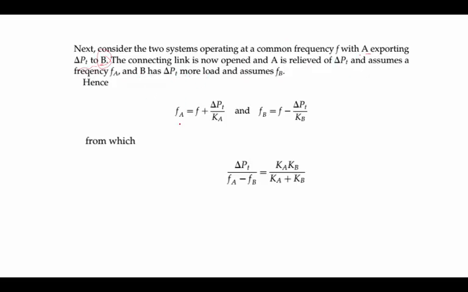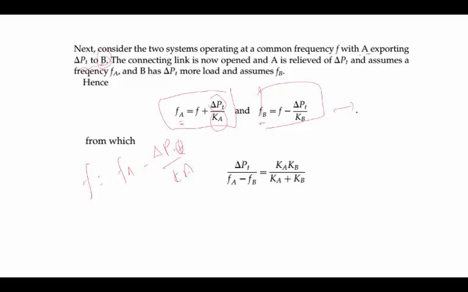This one is the frequency in A, this one is the frequency in B. Your FA equals F plus delta PT over KA, and FB equals F minus delta PT over KB, because there is a drop in frequency. When you rearrange these equations, because this is F, F equals FA minus delta PT over KA.